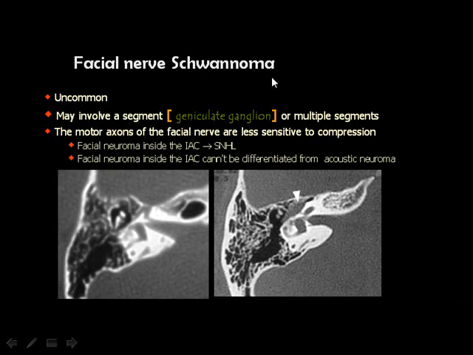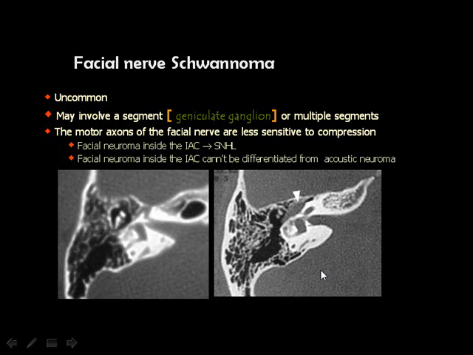Then the facial nerve schwannoma is one of the lesions that can be seen in the examination of the petrous bone. This is the canal of the facial nerve, the normal canal. If you see this examination, you can see a soft tissue density which is non-dependent, and you diagnose the common lesion, which is the cholesteatoma. But in order to diagnose this as facial nerve schwannoma, it should enhance with contrast material.